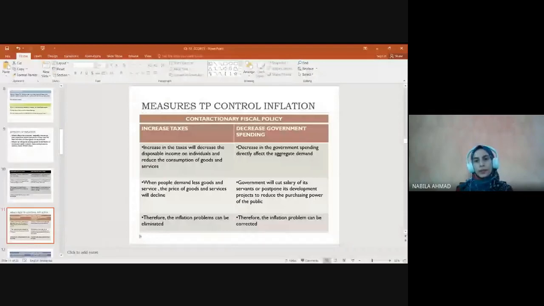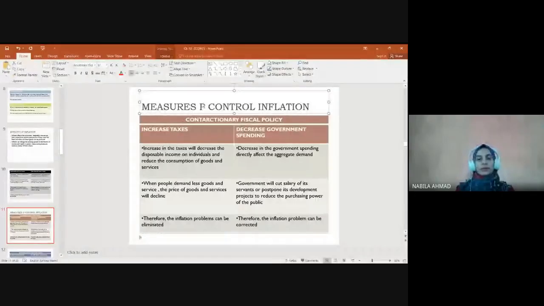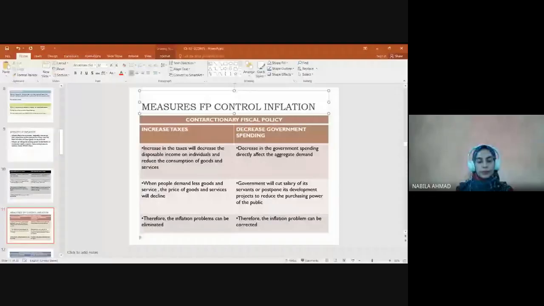So macam tadi kita dah discuss, kalau kita guna fiscal policy, okay, during inflation kita akan impose contractionary fiscal policy.